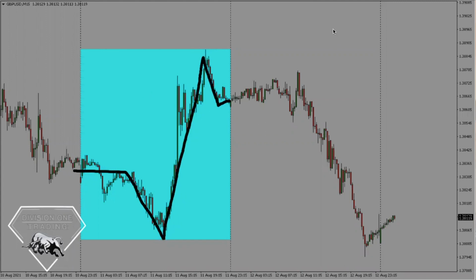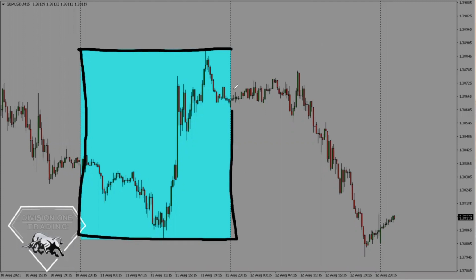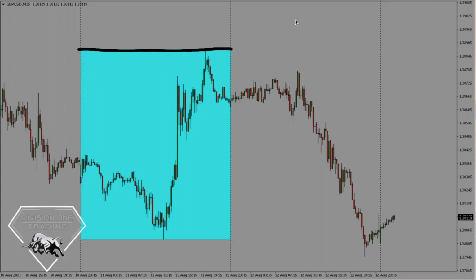So this blue rectangle here represents that whole daily candle. And now you can see there were however many 15-minute candles within that. And then the wicks would be here at the open. This is what the body would look like, the open and the close.